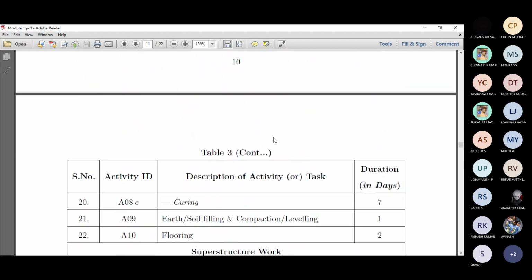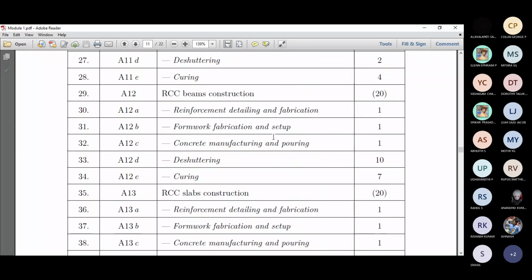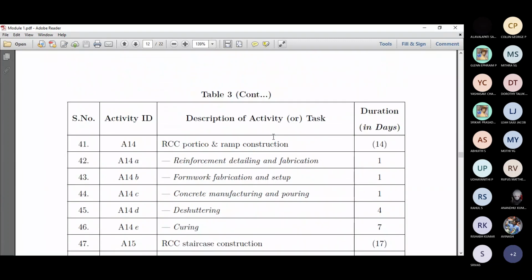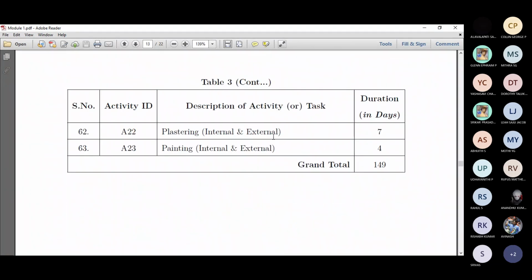And then we talked about one thing which is pretty important to discuss again, that is the overall project duration. When I add all the durations of all the activities, it comes to 149 days, which is approximately 5 months. So it is not the actual project duration.